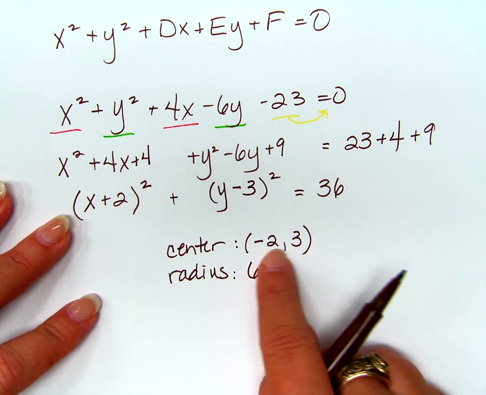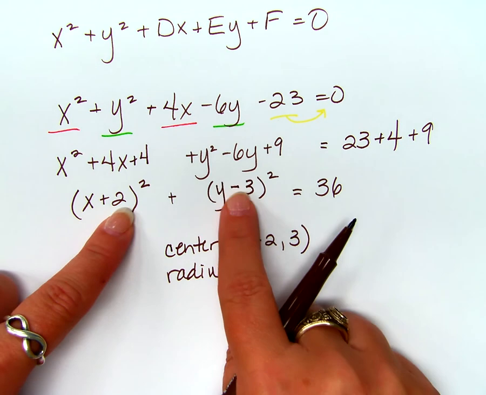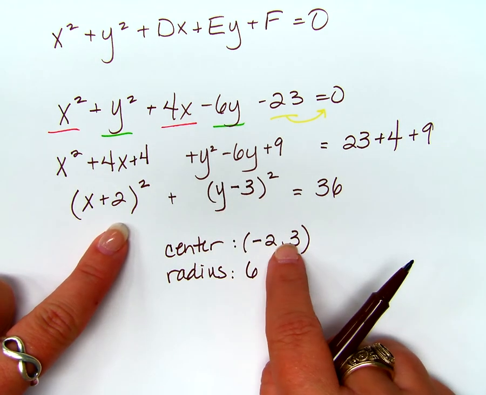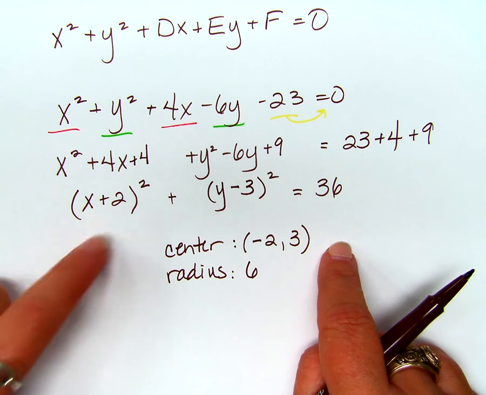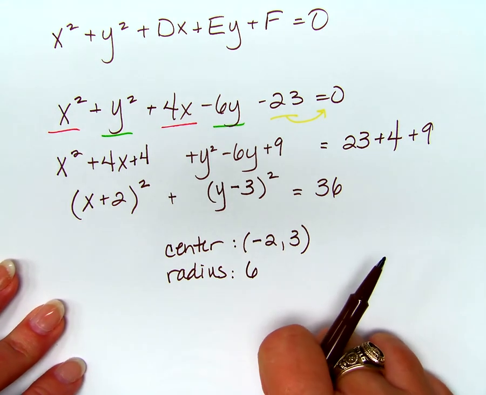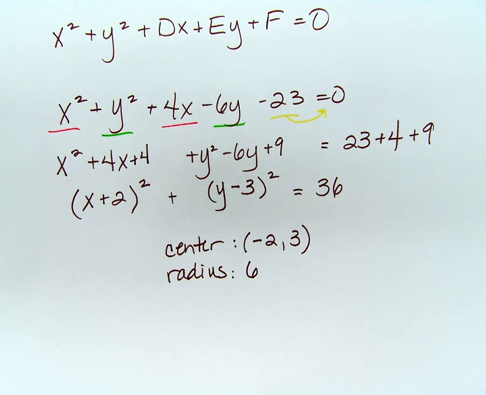Well, you plug this in for h and k, right? You could use that, or you could use a distance formula to figure out the distance from the center to that point, because wouldn't that be the radius? Your choice probably.